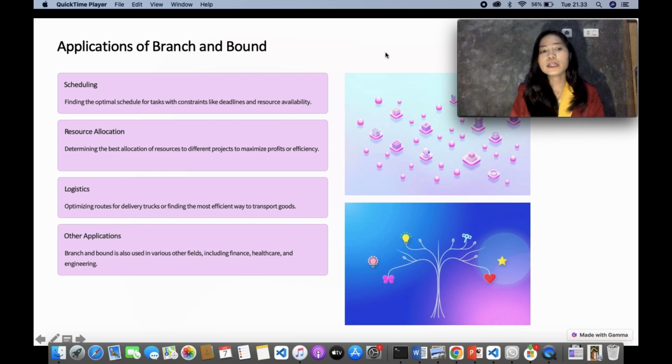And step three, logistics. Optimizing routes for delivery trucks or finding the most efficient way to transport goods. And step four, other applications. Branch and bound is also used in various other fields, including finance, healthcare, and engineering.